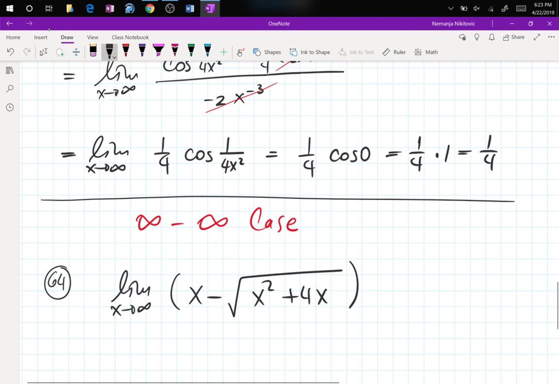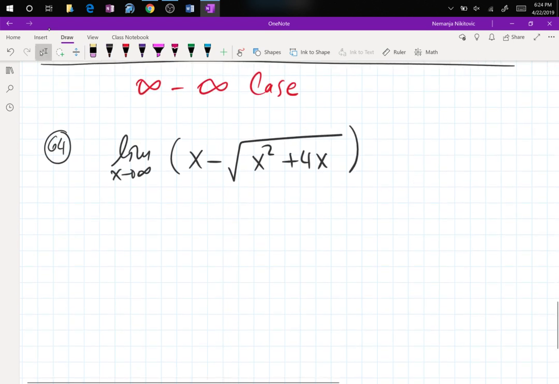So first, convince yourself that this is an infinity minus infinity case. So we have infinity minus infinity.